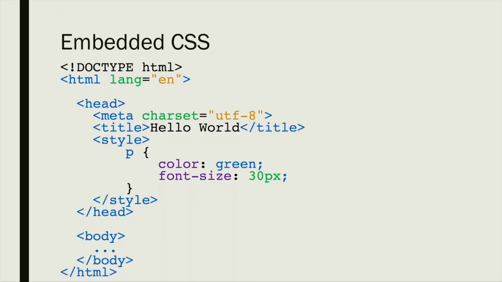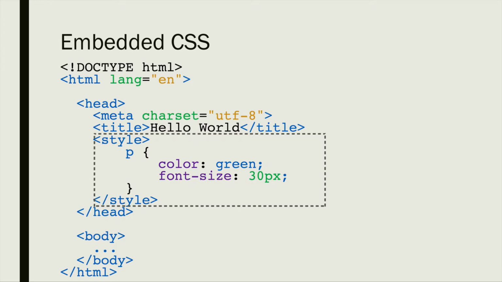Next, you have embedded CSS. This goes inside the head section between two style tags. When you're creating embedded CSS, you want to have the element itself or the selector, as we talked about before, and then the property and values located beneath that.